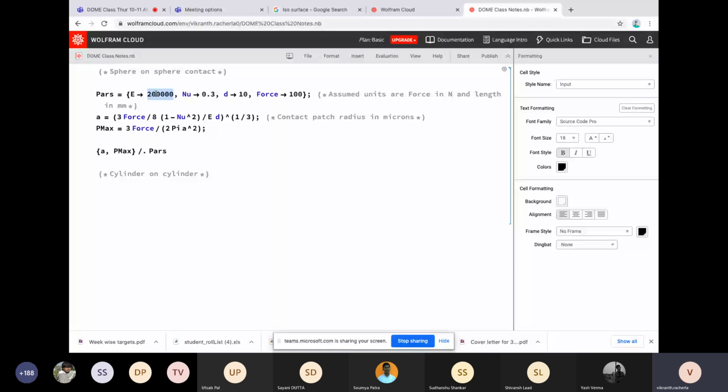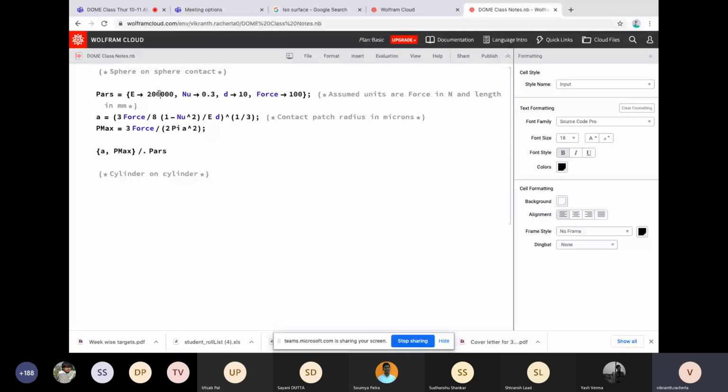See, if force is in newtons and length is in meters, stress will be in pascals. If force is in newton, length is in millimeters, stress will be in megapascals. So E I am writing as 200,000 megapascals. Poisson's ratio is 0.3, it is unitless.